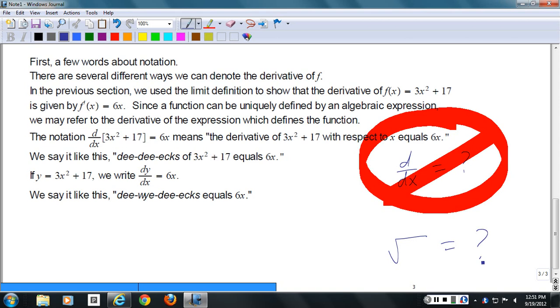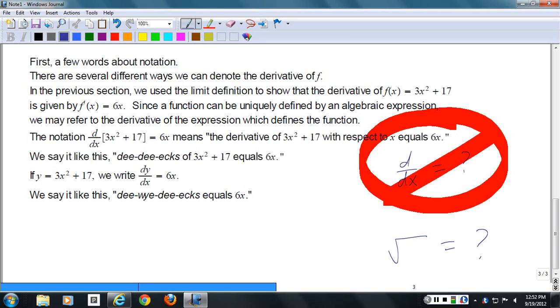Well, what are you taking the square root of? If you say d dx equals, well, d dx is not a quantity, but just a set of instructions that tells you to take the derivative of some other quantity. So d dx is the derivative of, well, we're waiting to find out. d dx of 3x squared plus 17 means the derivative of the expression 3x squared plus 17. 6x would define the derivative of the function f of x equals 3x squared plus 17.